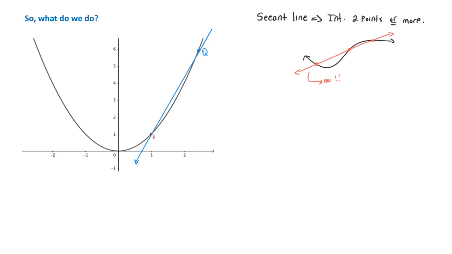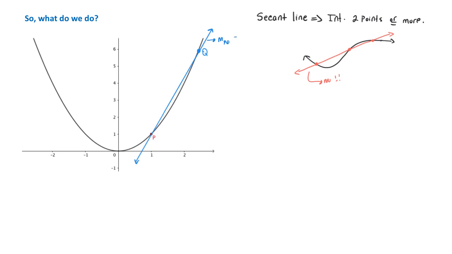So what I have done is I have drawn the secant line that is passing through points P and Q. What is really nice about that is that because I have 2 points, point Q and point P, 2 points on that line, I can easily find the slope of that line. Let's call this the slope of line PQ.